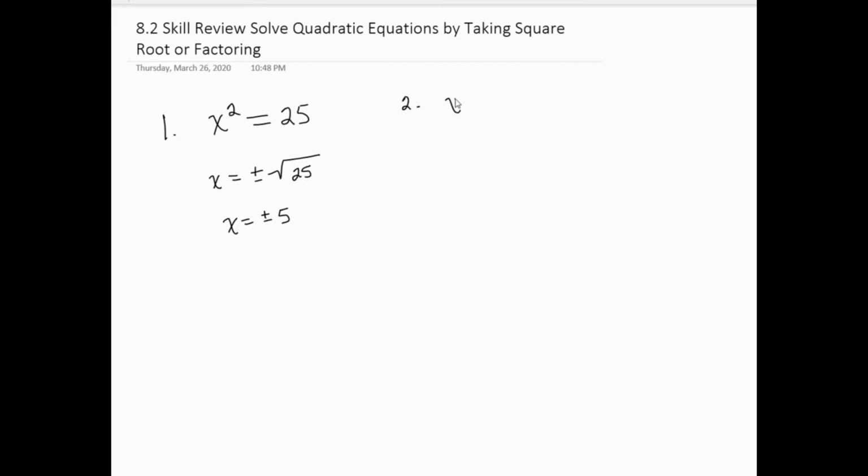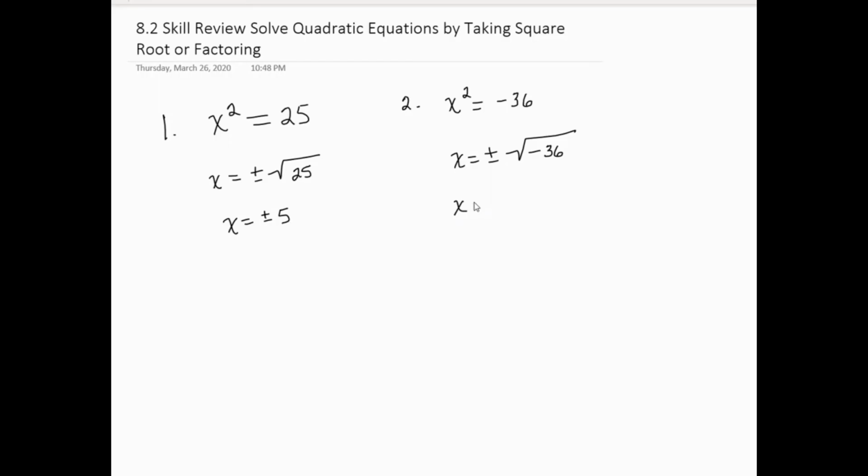Problem 2, x squared equals negative 36. I solve this by taking the square root of both sides. So I have plus or minus the square root of negative 36. And again, I know that I can put square root of 36 into the calculator, so I can put square root of negative 36 into the calculator. As long as your calculator is in the right mode, you don't want it in the real number mode, you want it in the a plus bi mode.